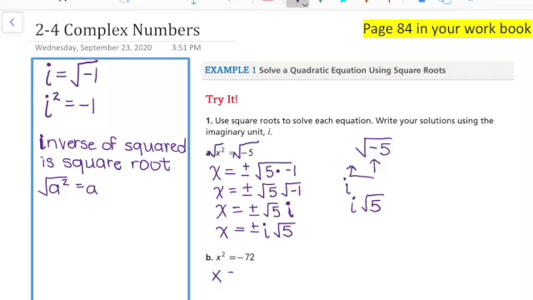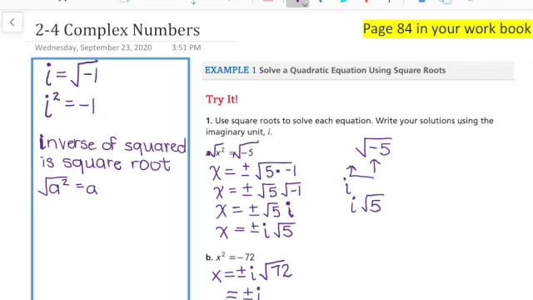So taking that, this would be i square root of 72. Now, the difference in this is it can be simplified. 5 is prime. It cannot be simplified anymore. But 72 can be simplified.